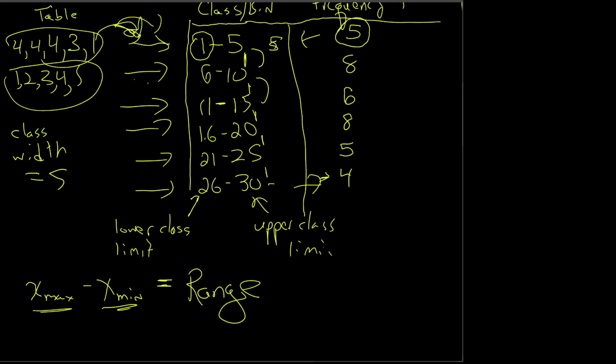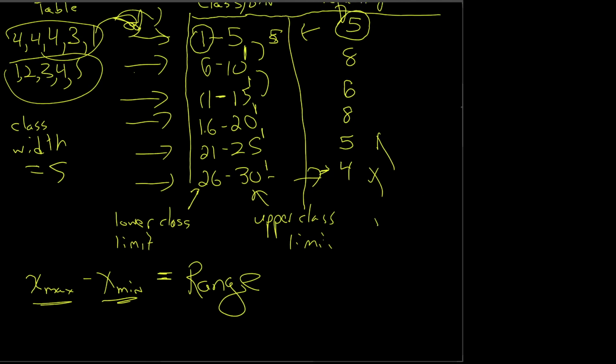And so we want to make these from our data. So what we want to do is we want to do a couple of things. The first thing you need to do, and let me give this a title, change color and give it a title. So we'll say this is constructing a frequency distribution.